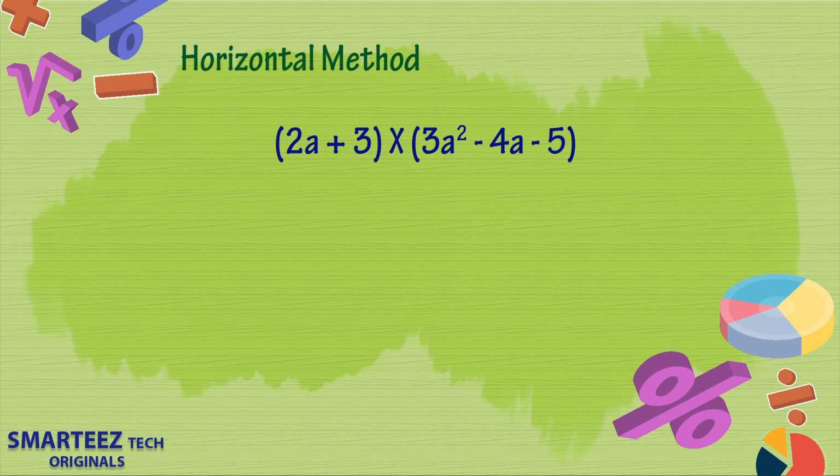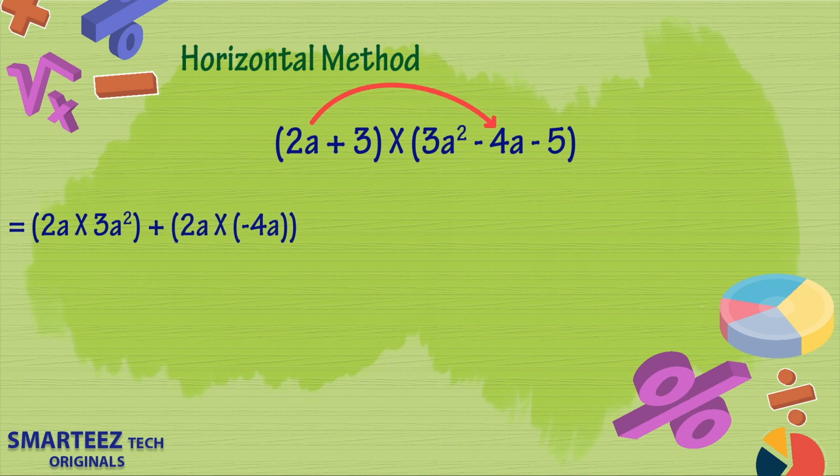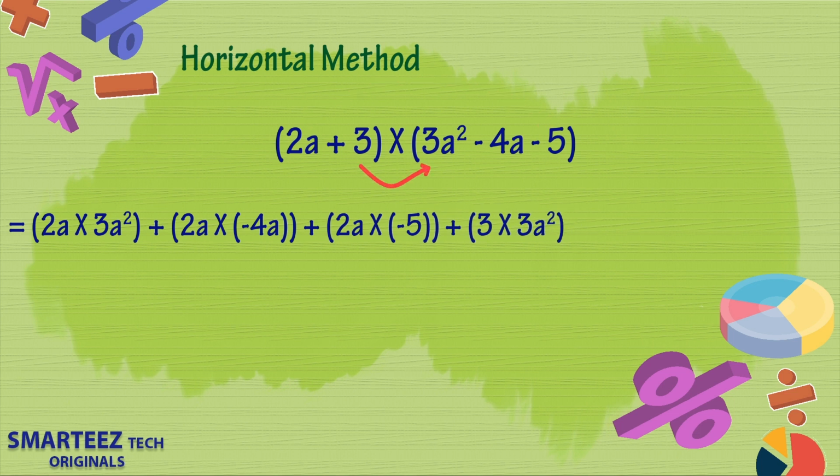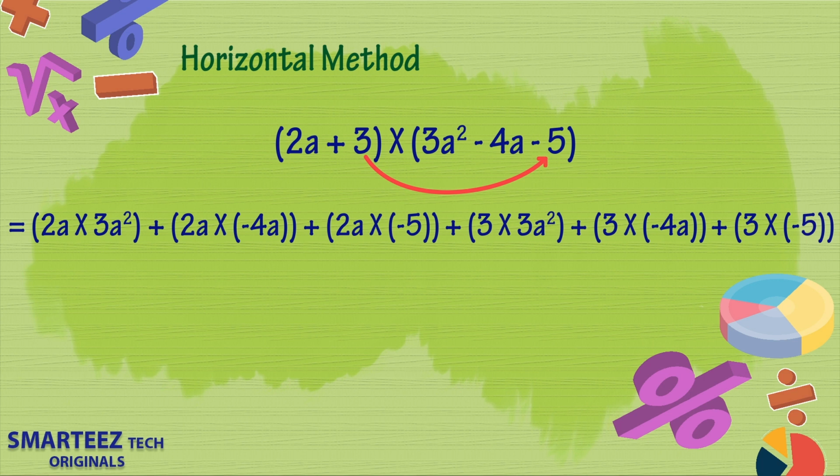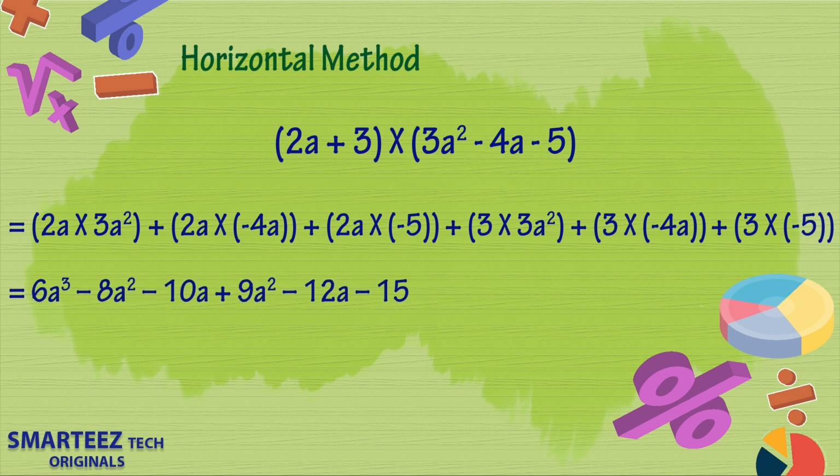Pay attention to the arrows. That's 2a times 3a squared plus 2a times negative 4a plus 2a times negative 5 plus 3 times 3a squared plus 3 times negative 4a plus 3 times negative 5, which equals 6a cubed minus 8a squared minus 10a plus 9a squared minus 12a minus 15.